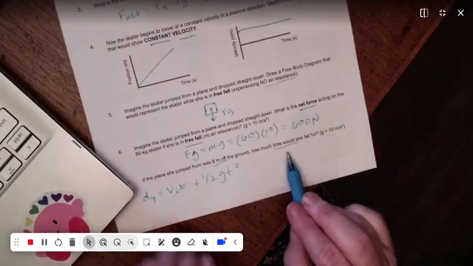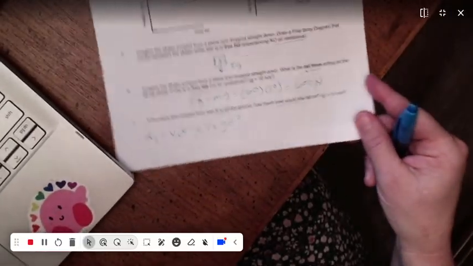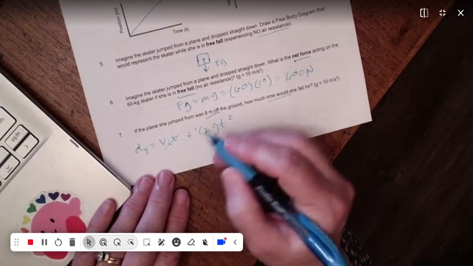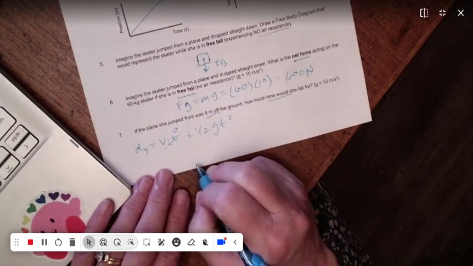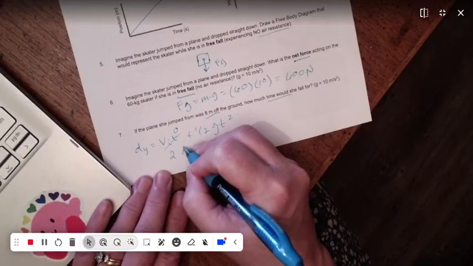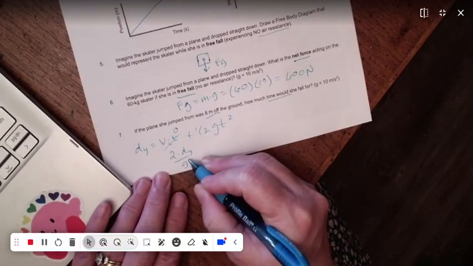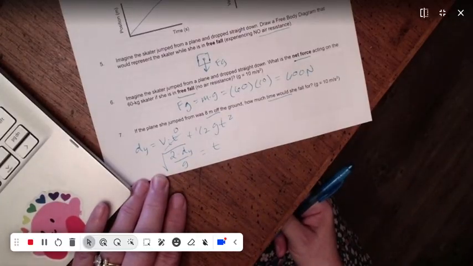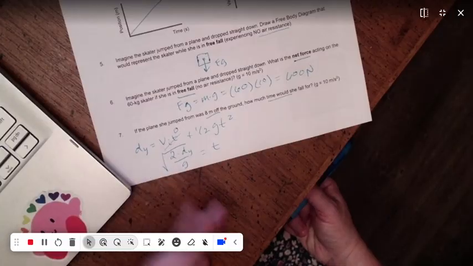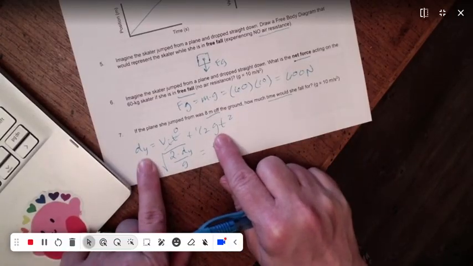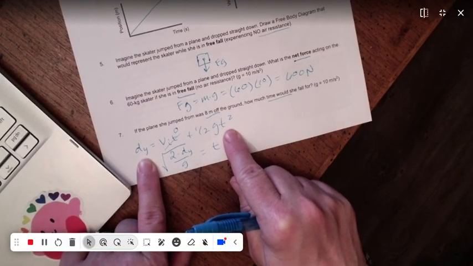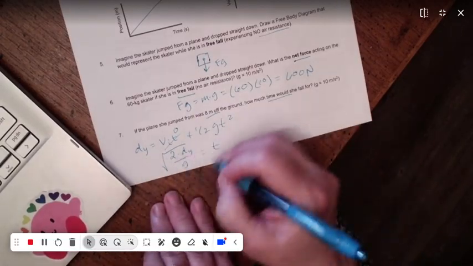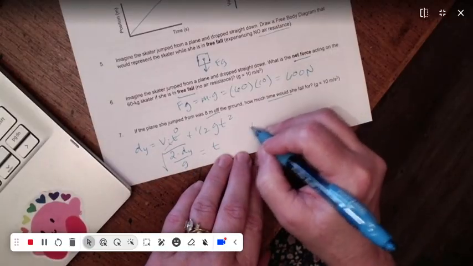The way we did this in class was we would take our 1/2 and g and divide both sides by those. So we get 2 times dy divided by g on this side, and then we take the square root of that to give us time. You can also put numbers in, if that's easier for you: take this equals this and put numbers in and solve for t. This is the way we did it over and over again when we were doing projectiles.